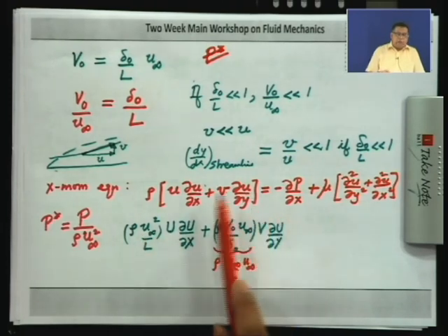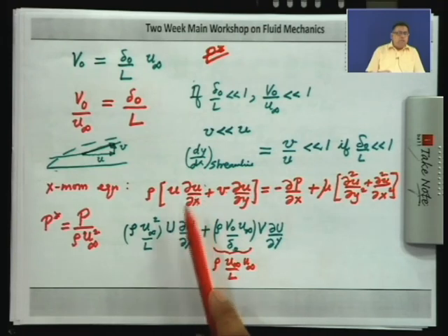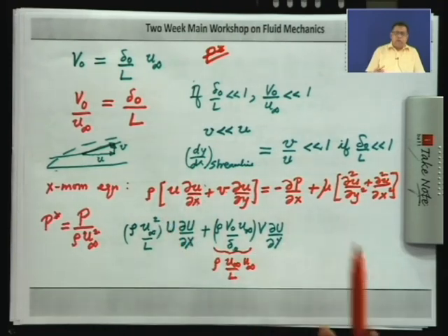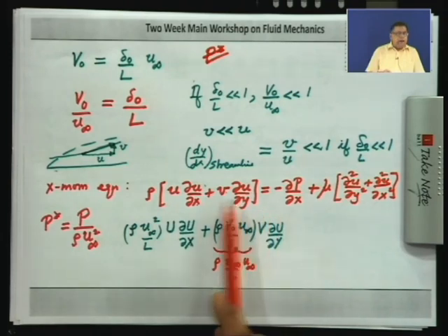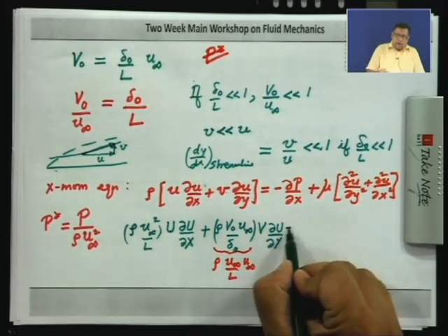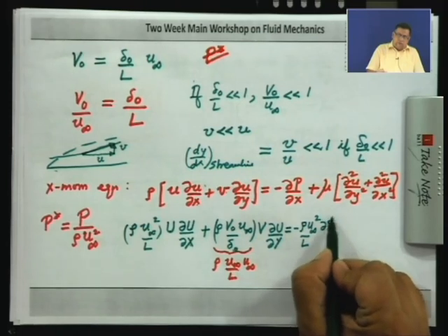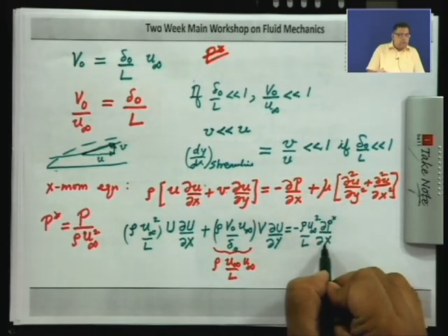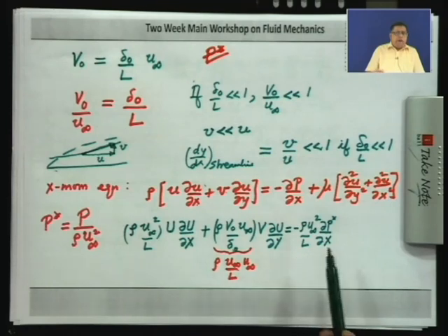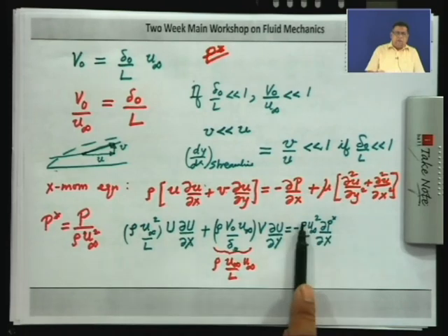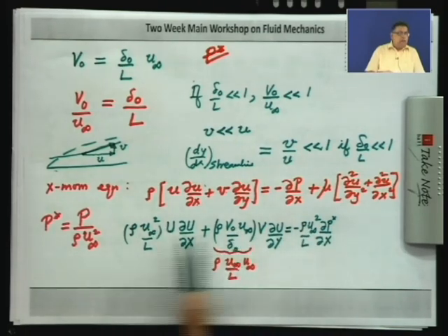So, we cannot say I will neglect one in comparison with the other; either both should be there in the approximate equation or both should be ignored, but they are comparable. That is what we have got from this order of magnitude. Now, if I continue and write the right hand side, you are going to have minus rho u infinity squared by L into del P star del capital X. We will come back to the pressure later on, but for the time being we see that if this scale is correct, then this term is the same order of magnitude as the other two terms on the left hand side of the equation.